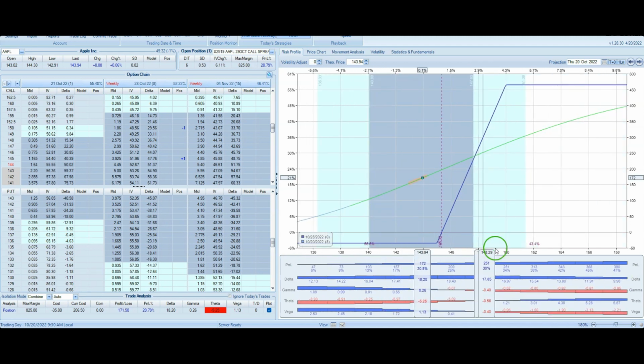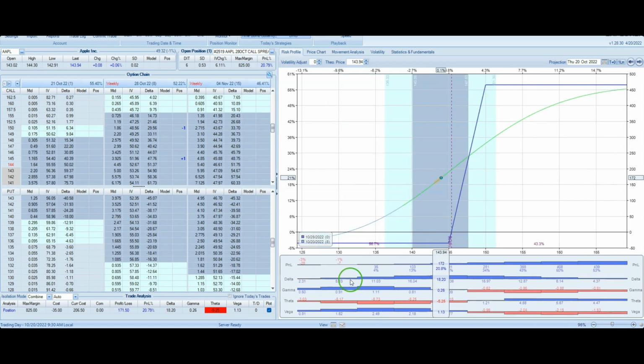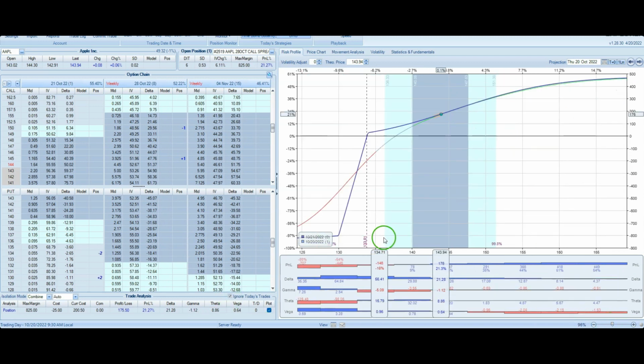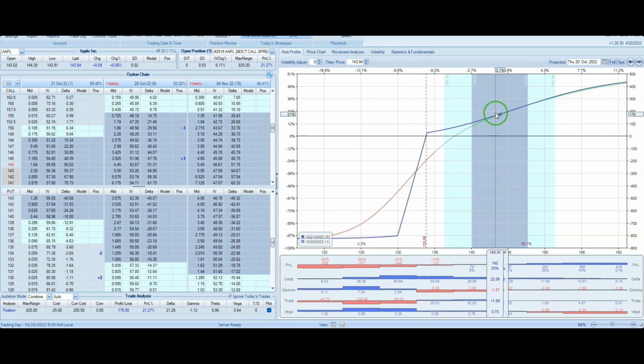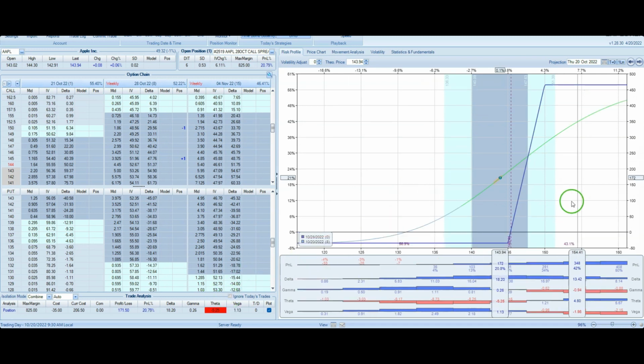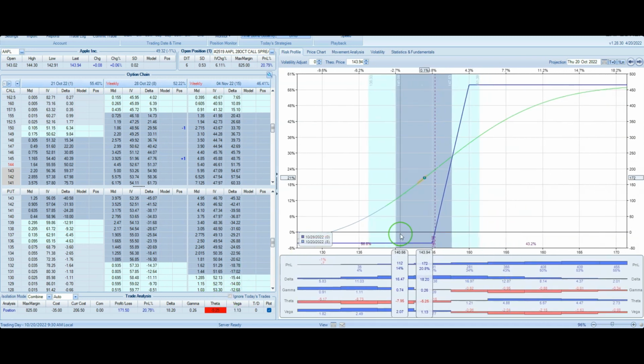Now, take a look at what this adjustment did to my risk. So this was my trade before I took off the put spreads, right? I had 800 plus the $25, which was the initial debit. So a total of $825 worth of risk. Removing those spreads left my risk at $25, which was the initial debit, plus the 10 cents or $10 that I paid to take off the put credit spreads.